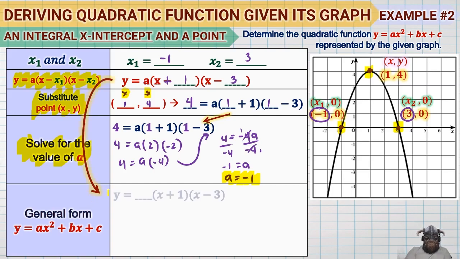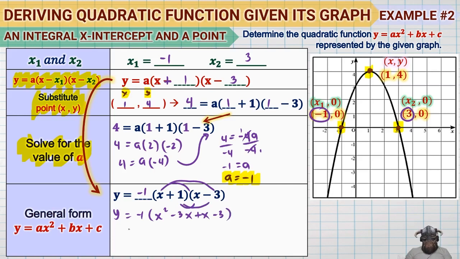So lalagay lang natin ulit yung na-solve natin kanina. Yung A natin dito, papalitan na natin ngayon ng negative 1. So since negative 1 na yung A natin, simplify lang natin to, multiply natin tong dalawang binomial, then we multiply negative 1 from the results. So, y is equal to negative 1 times, foil muna natin to, x times x is x squared, x times negative 3 is negative 3x, 1 times x is x, so plus x to, then 1 times negative 3 is negative 3.